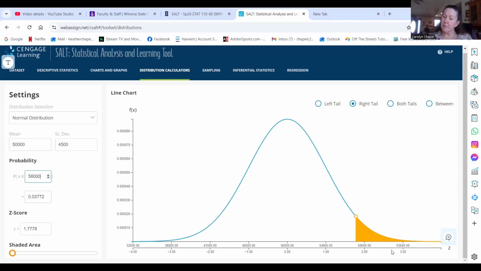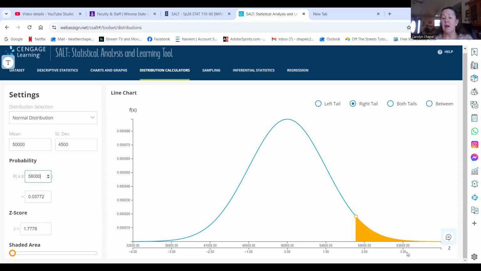Okay, I also look at my picture to see, yes, I was above. It is a little bitty piece. I should get something smaller than a half. I got something a lot less than a half. So 0.03772. You'll also see the z-score is 1.77, so kind of close to that 1 and 2.